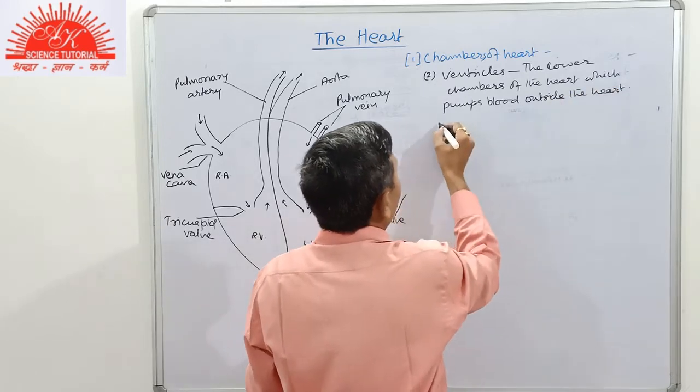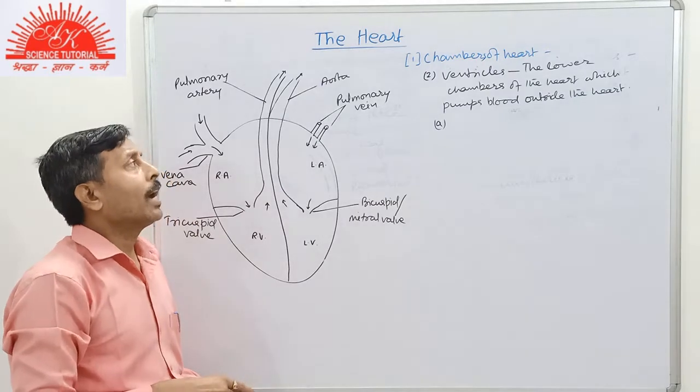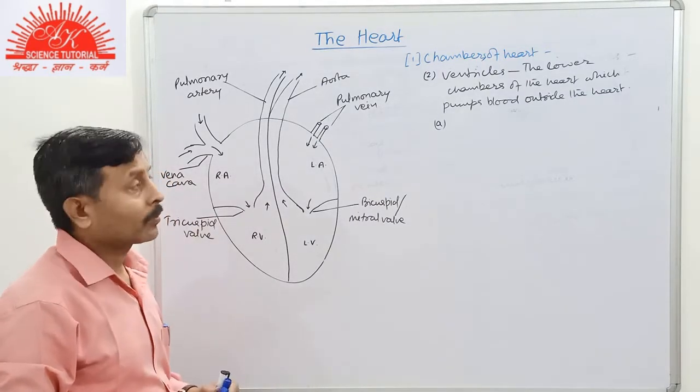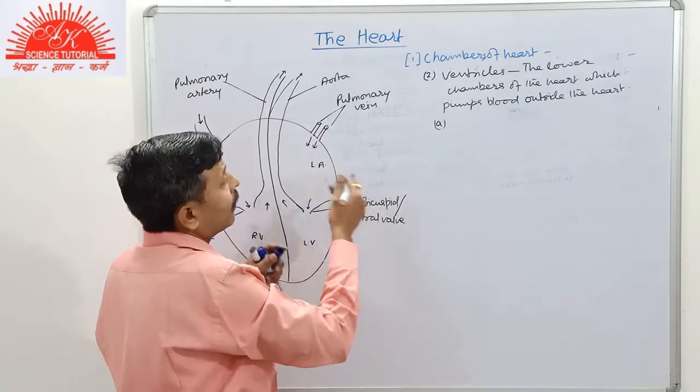So we have just seen that the auricles receive the blood from outside and the ventricles pump the blood to outside the body. Now, outside the heart, not outside the body.